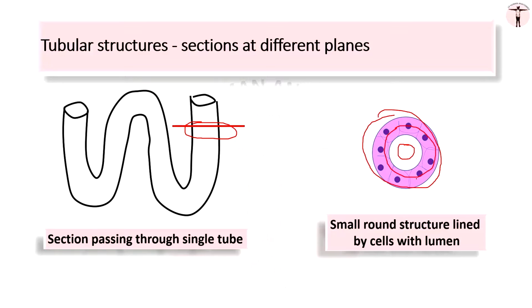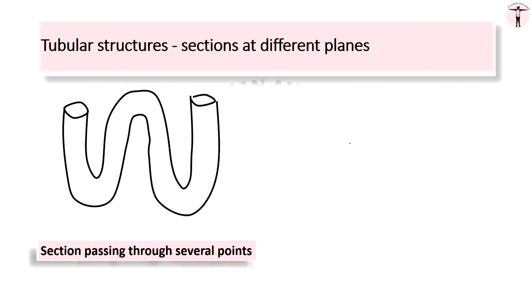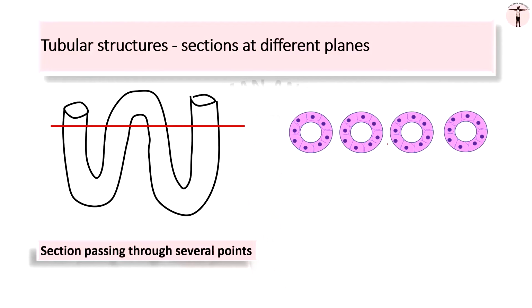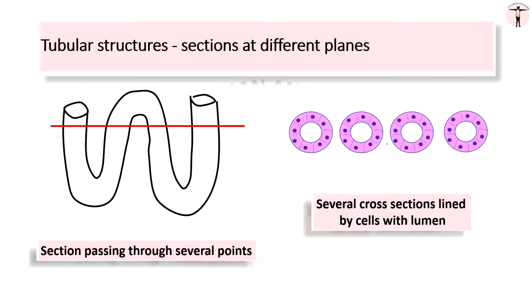When the section passes horizontally through several points, more than one section can be observed, which are lined by a single layer of cells with lumen inside in each of the sections. So you can see several cross sections, because even if it is a single tube, it is passing through several parts of the tube, because it is coiled, and each section gives you one cross section.